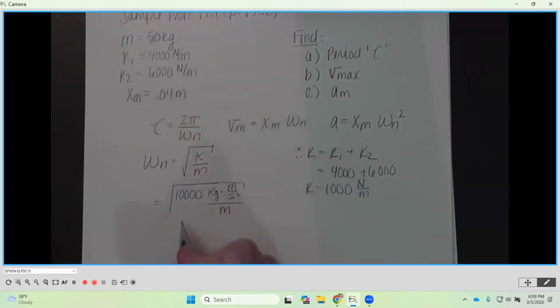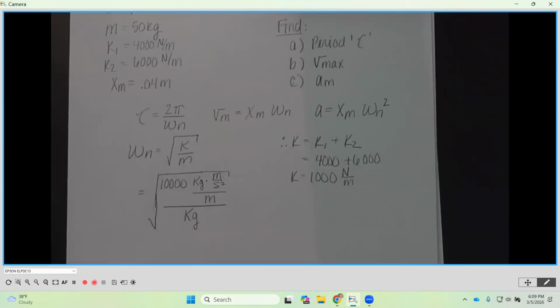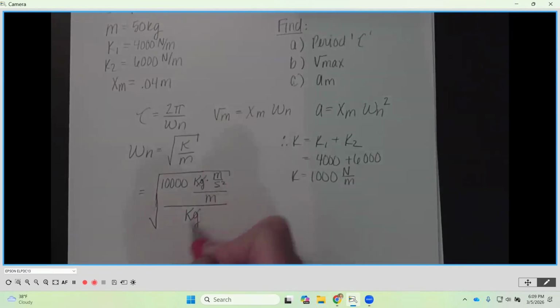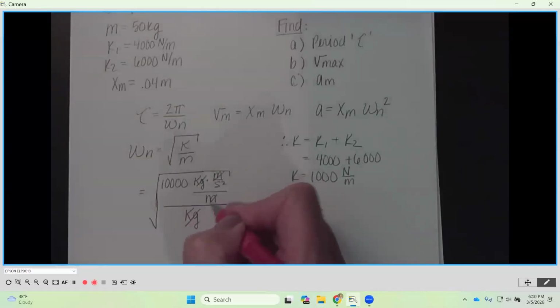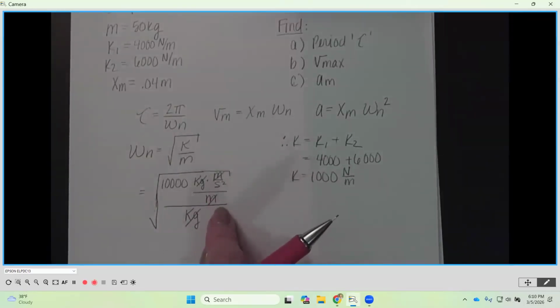Probably going to make this a little taller. And then underneath is going to be my kilograms. So this is going to be my full radical. What I want to do is make sure that underneath the radical, I get the right units. So kilograms are going to cancel out top to bottom. And because we have meters top to bottom here, notice that our meters cancel out as well.